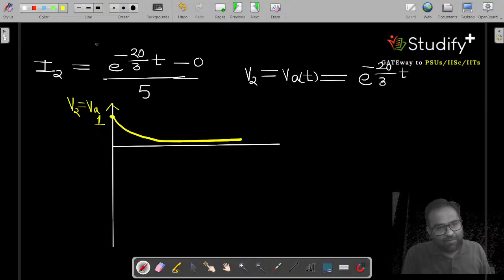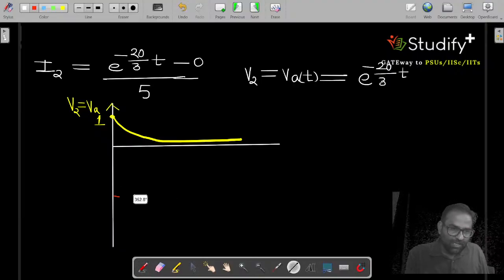And next thing we are having is the current across the inductor. So at t equal to 0, current is 1 by 5 ampere. We can say, what is the current across the resistance? So let me draw the current also, and that current is different.